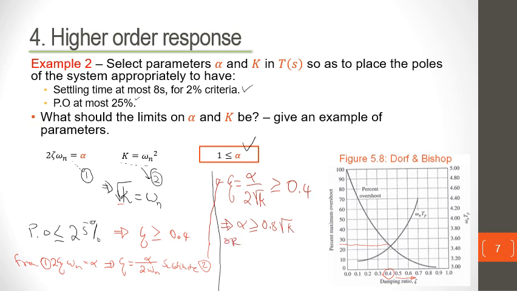Or alternatively, we can show that, 0.64, if you take the squares, k has to be greater than alpha squared, which would therefore mean, as our condition on k, that k has to be greater than alpha squared divided by 0.64.